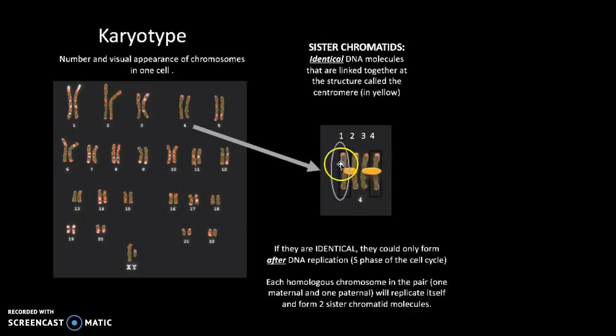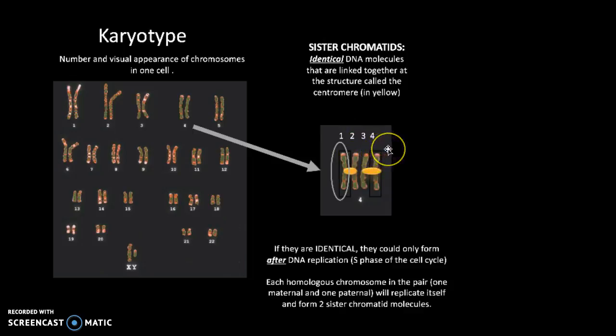You can see now that these two are identical to each other, these two are identical to each other, and these are still similar in nature. In this representation, each one of these arms is considered a sister chromatid. This maternal copy of the homologous chromosome pair has two sister chromatids, 1, 2.